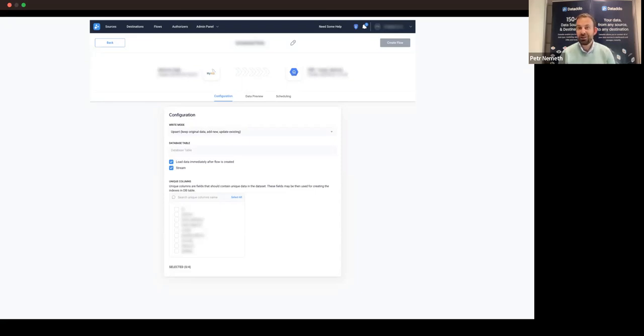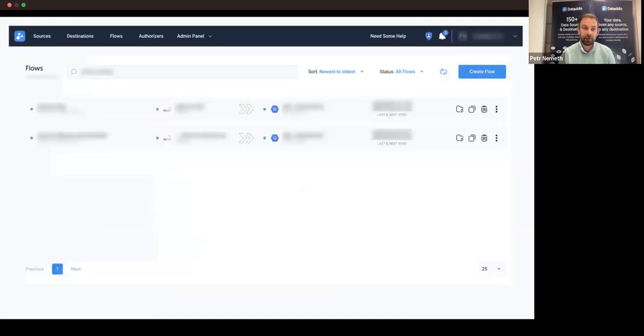So if you want to replicate data from MySQL to Postgres, or MySQL to SQL Server, or Oracle to MySQL, this is possible out of the box. You choose the write mode: insert, upsert, delete, truncate, insert. In case of upsert, you choose the column based on which you define the index, and that's it.